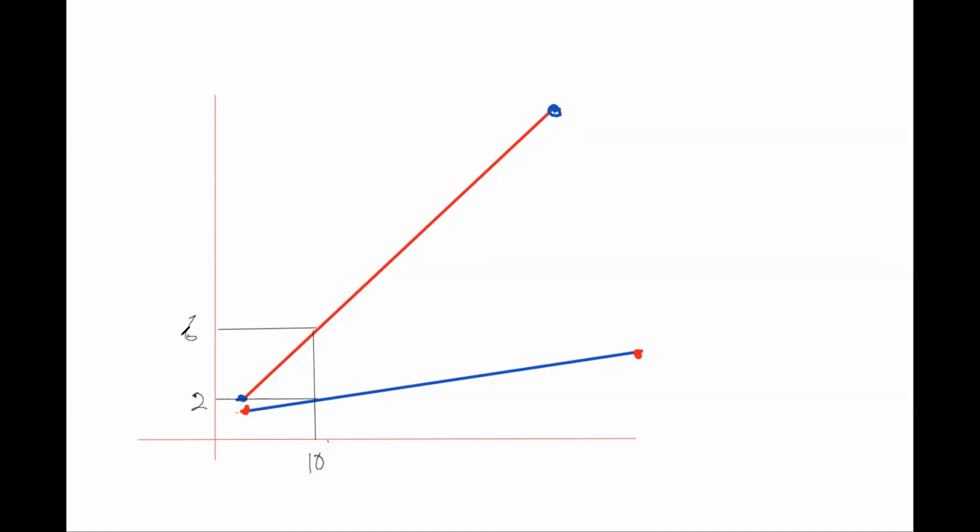So both are positive slope lines and the starting point is different. For 10 it is 2, and so we have labels.